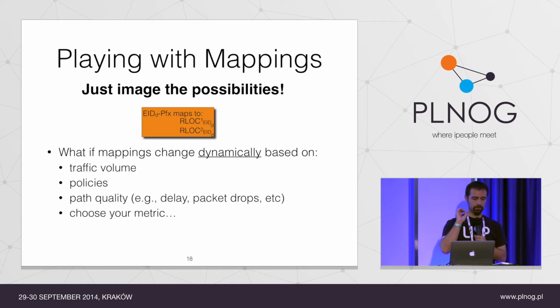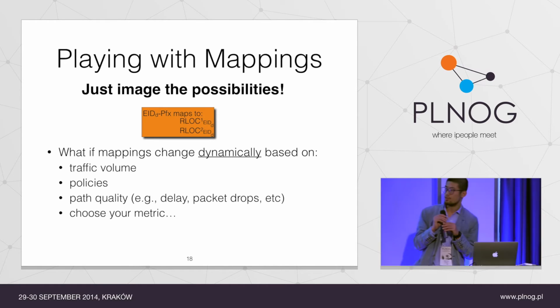Could be traffic volume, local policies, packet drops, path quality, whatever you like. And there are means to control the way you distribute this and how fast you can update all of this. It's just a matter of how dynamic it is and how much we can play with this association. And now Wenqin will show you a couple of examples about this.